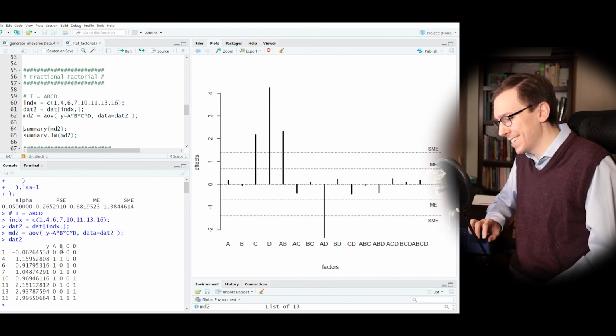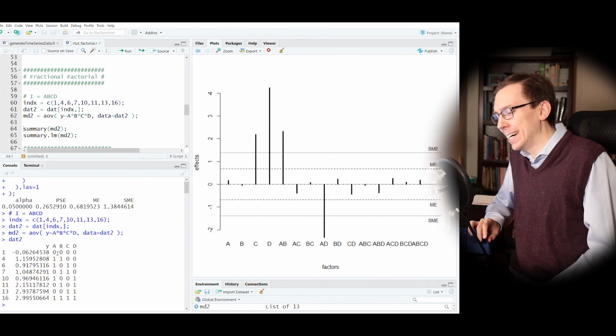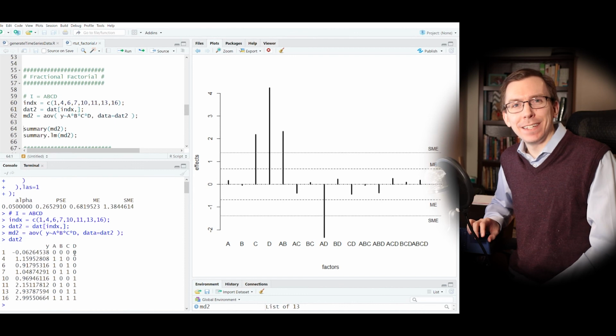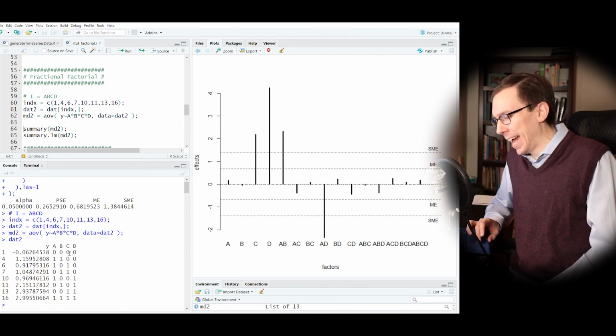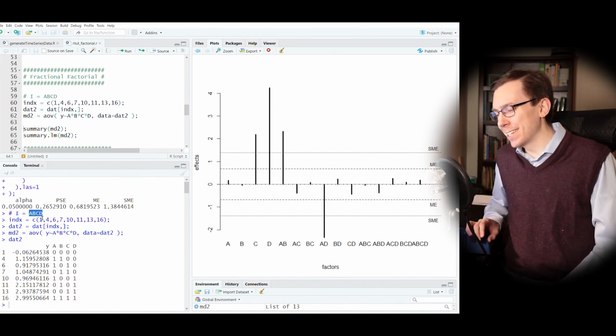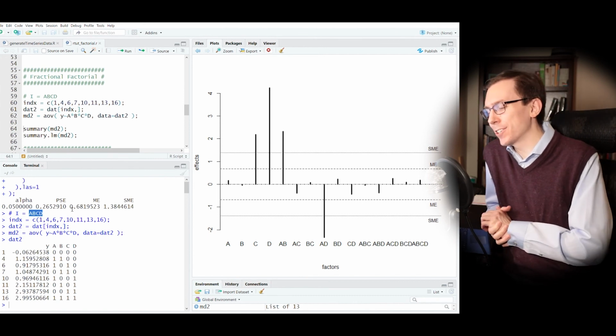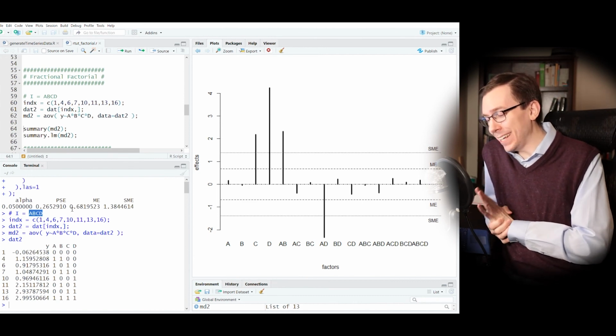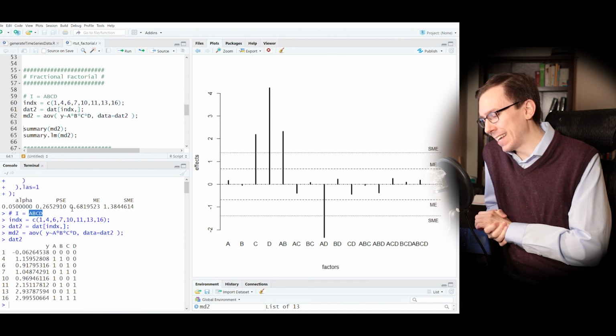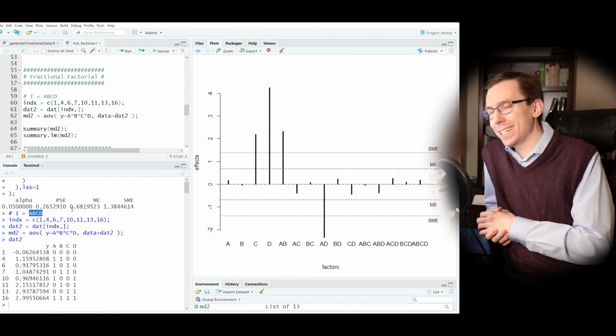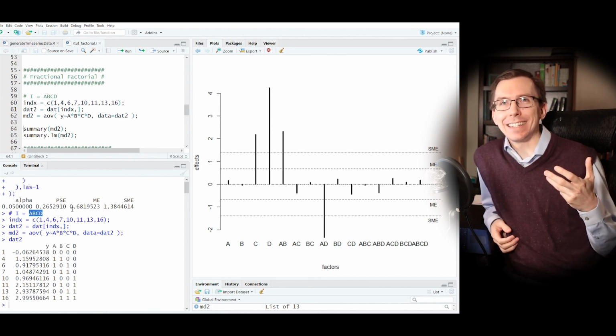Again, what you'll notice is that if you add up every row, you're always going to get an even number, right? You're going to have either all zeros, or two 1s and two zeros, or all 1s. That is because we aliased this 4th order interaction with the identity. It's quite interesting, actually. What is a 4th order interaction telling us?